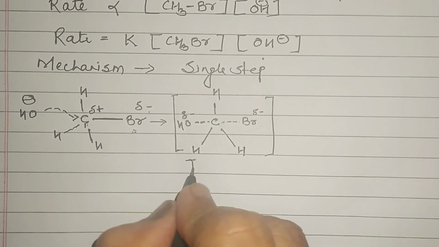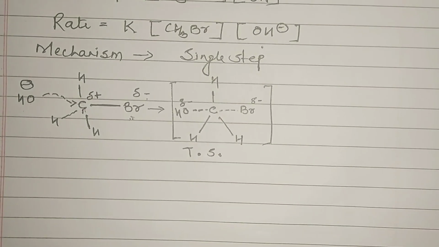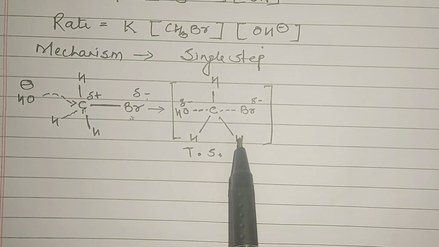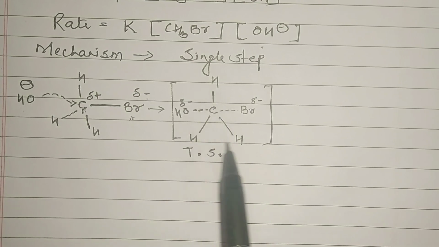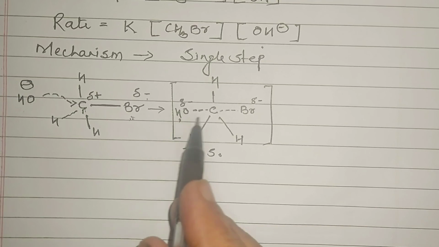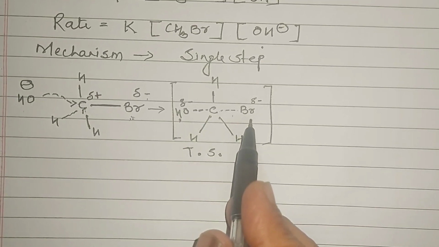This is the transition state. In this transition state, the carbon is bonded to 5 atoms, 3 of which are hydrogens. OH approaches towards carbon and Br departs from the molecule.